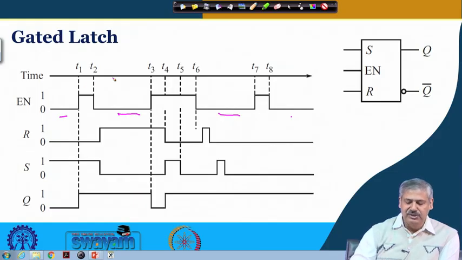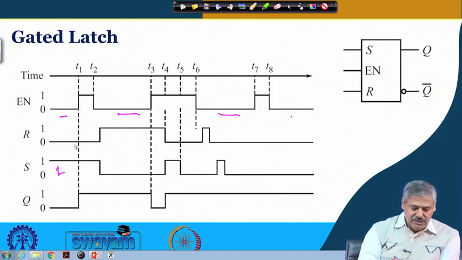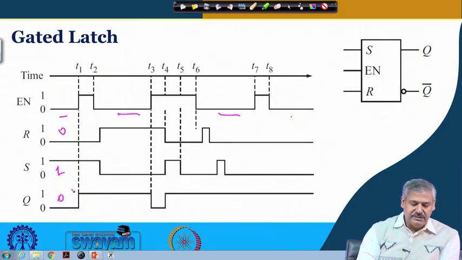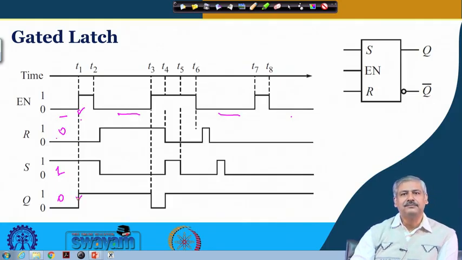So, T1 to T2 is the window in which a change can be accommodated. S was 1 and R was 0, and Q was 0. If enable was not there, whenever S was 1 and R was 0, Q would have been 1, but the enable comes only here at T1. So, at that time only Q will go to 1.